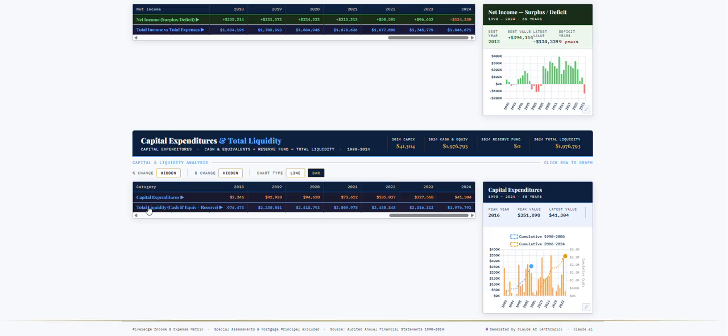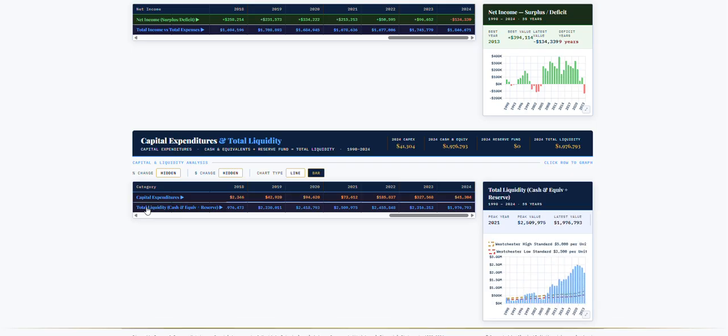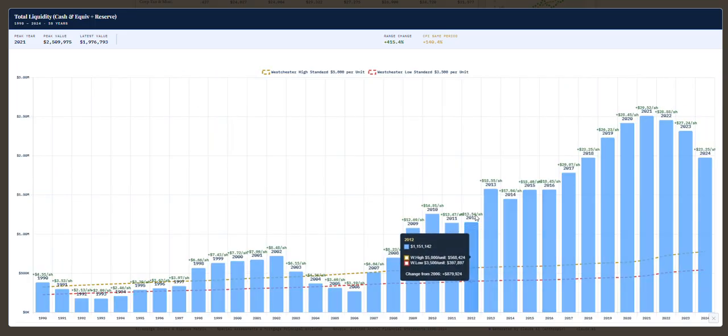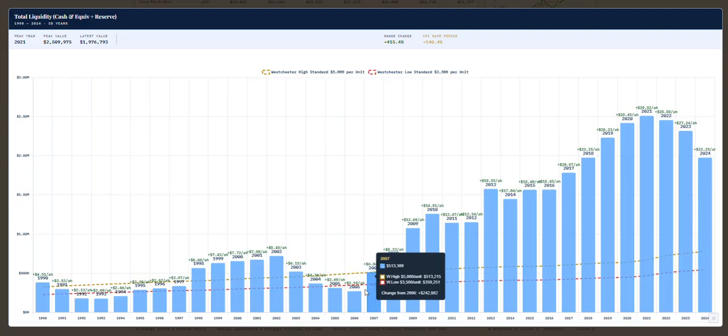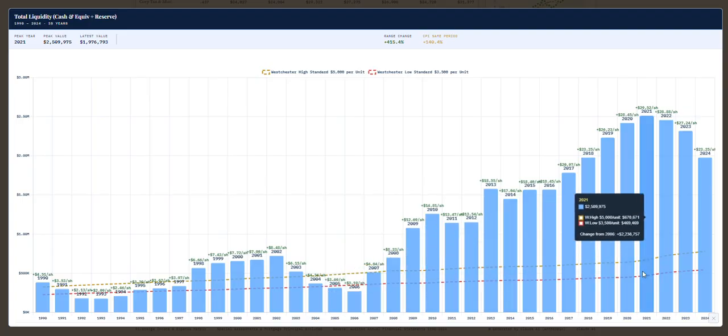Well, like I said, you either save it or spend it. So total liquidity is the sum of cash and reserve fund balance at the co-op. If we start out at 2006, it's zero, and then we continue on, what is the change year by year? Well, it goes up and up and up.